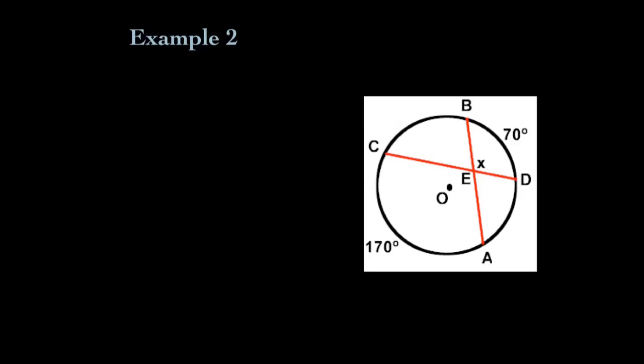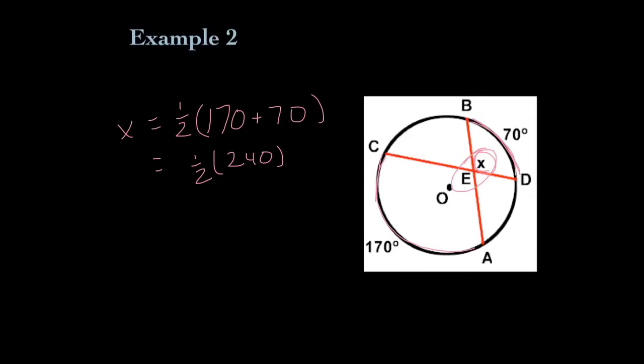So quick example of this, if I'm looking for x, now keep in mind that x and e being vertical angles will be the same. So I'm going to add 170 plus 70, and I'll take half of that. And so I'll get 120 degrees.